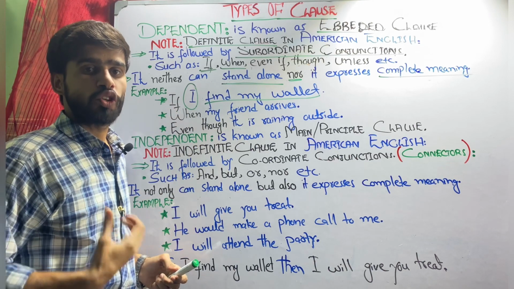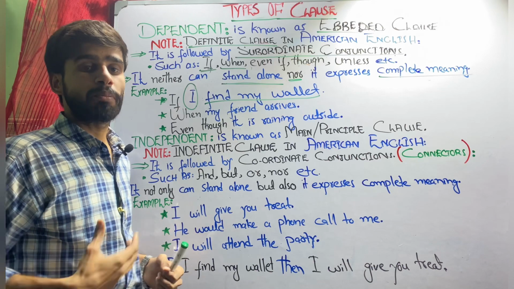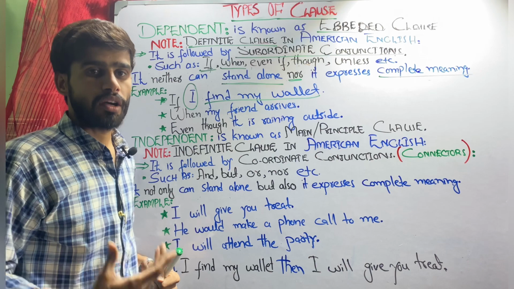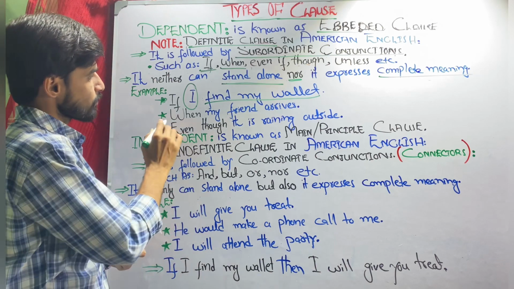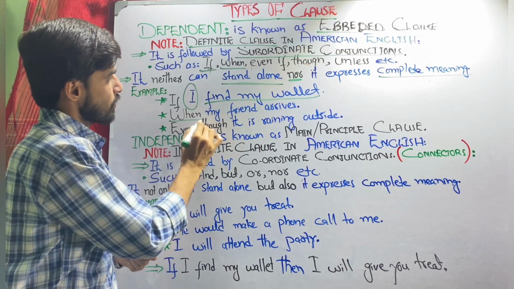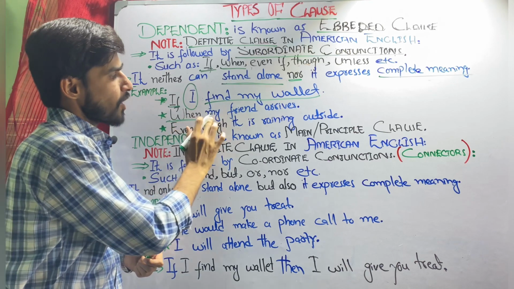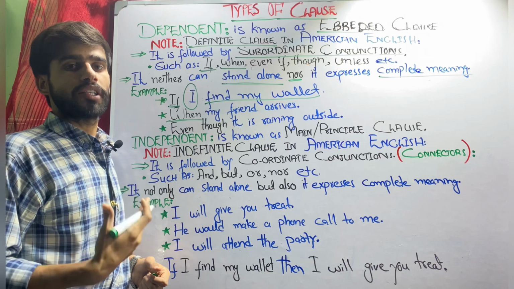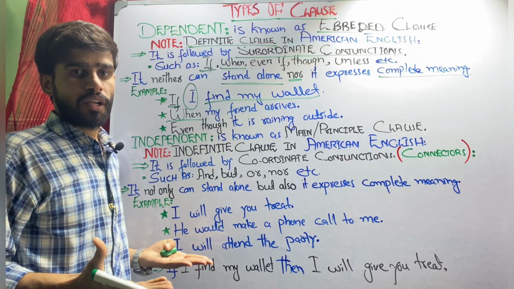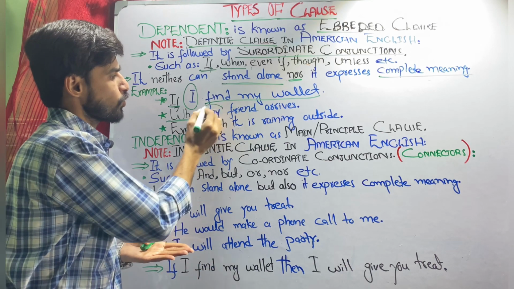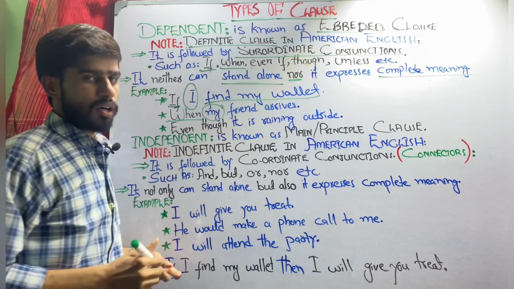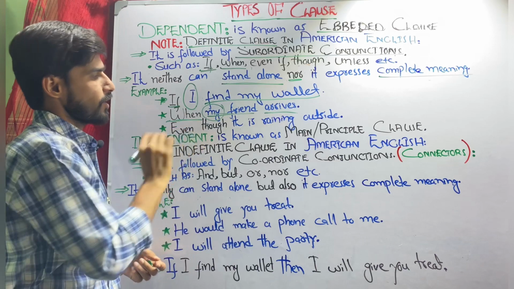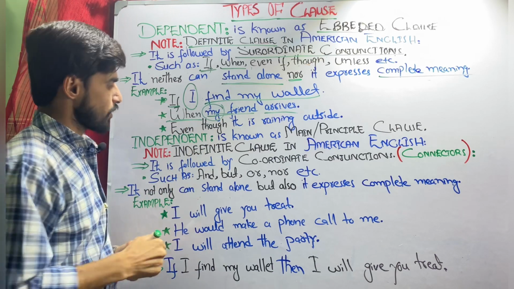To complete a dependent clause, it always needs an independent clause. Let's discuss: "When my friend arrives", then what happened? Here we may notice a subject as well as a verb, but it has no particular meaning.